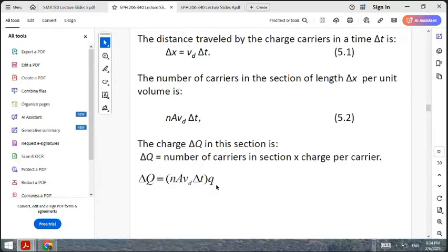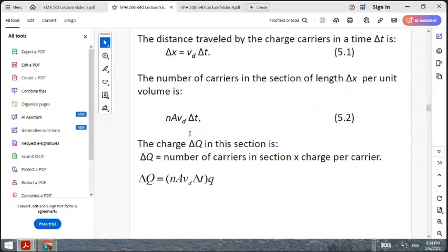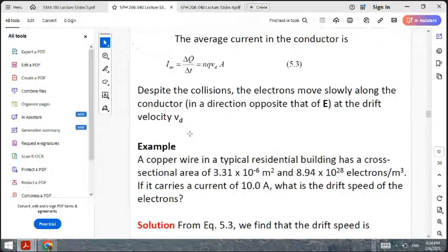So this in brackets is the number of charge carriers, and each charge has a charge q. Therefore, the total charge in that small cross-section is n A v delta t q.